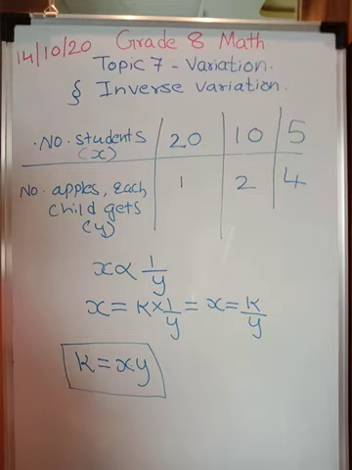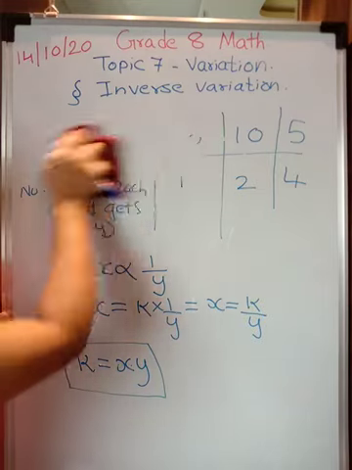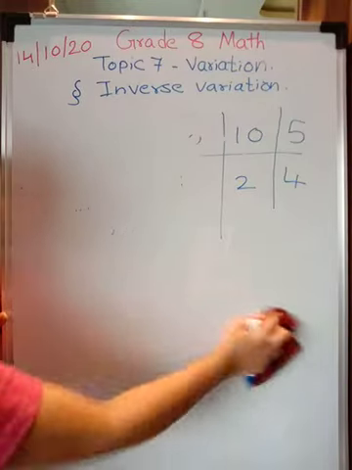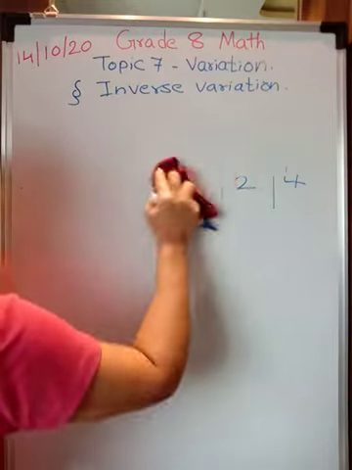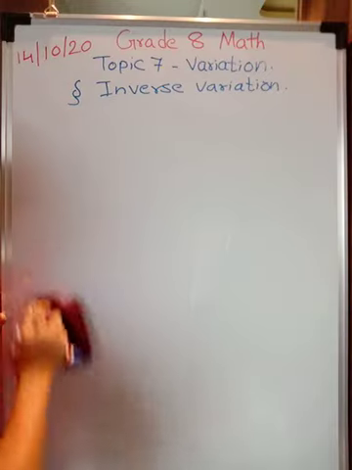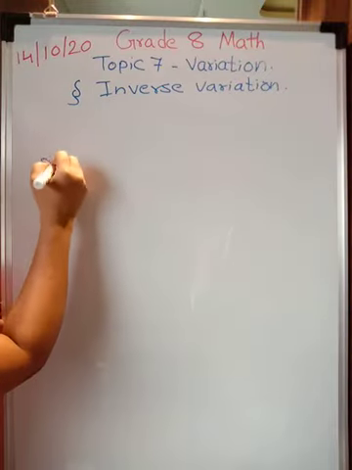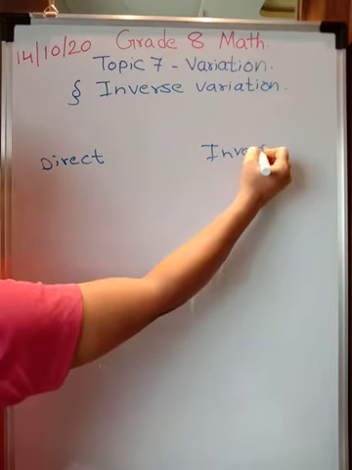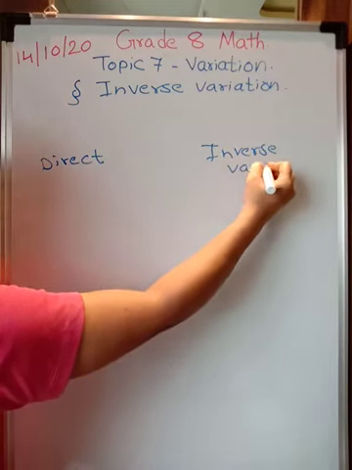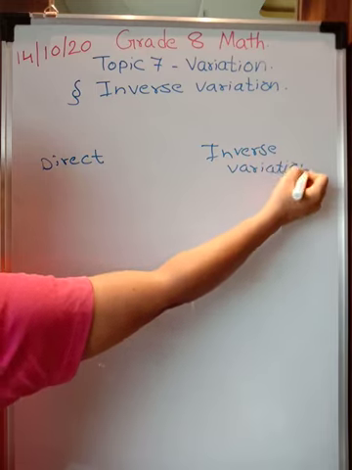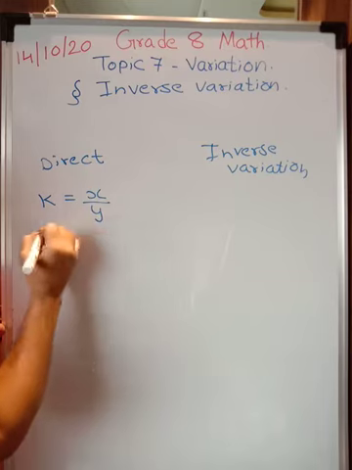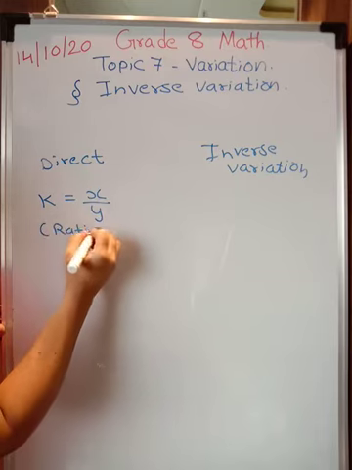Now let us quickly compare direct and inverse variation. We have already seen direct. Let us see what the equations are and what remains constant in both variations. In direct variation, k is equal to x upon y, so the ratio is constant in direct.